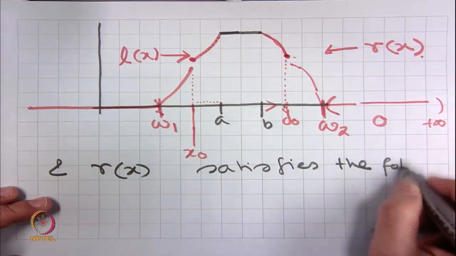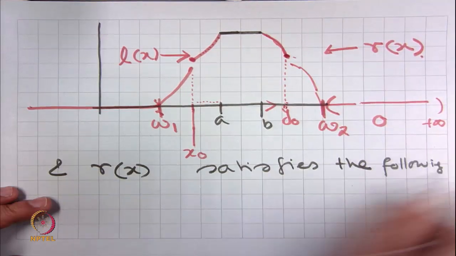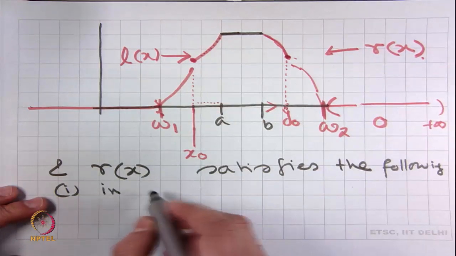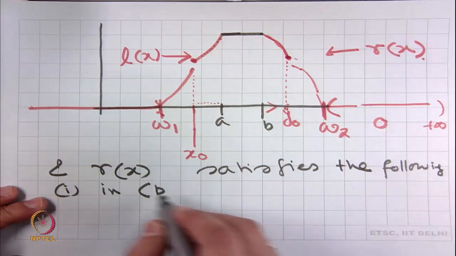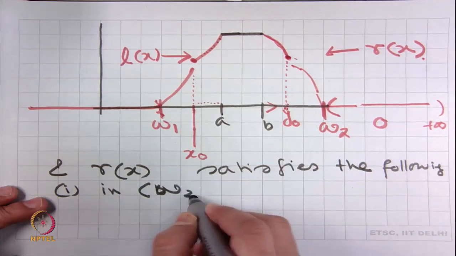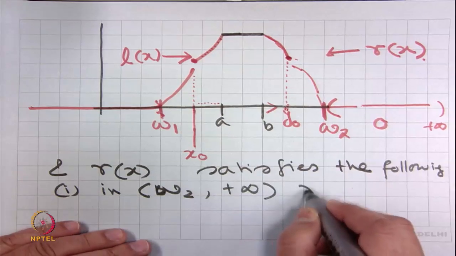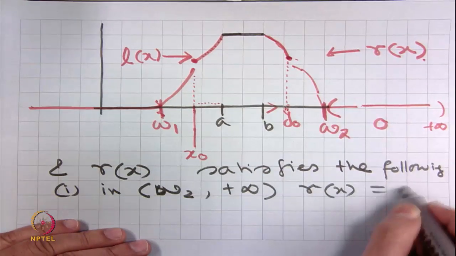R x satisfies the following: in W2 to plus infinity, R x is equal to 0.